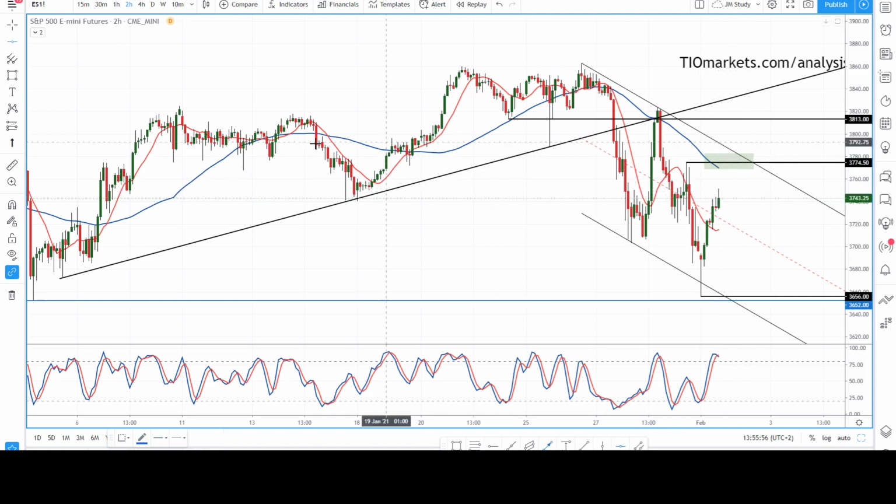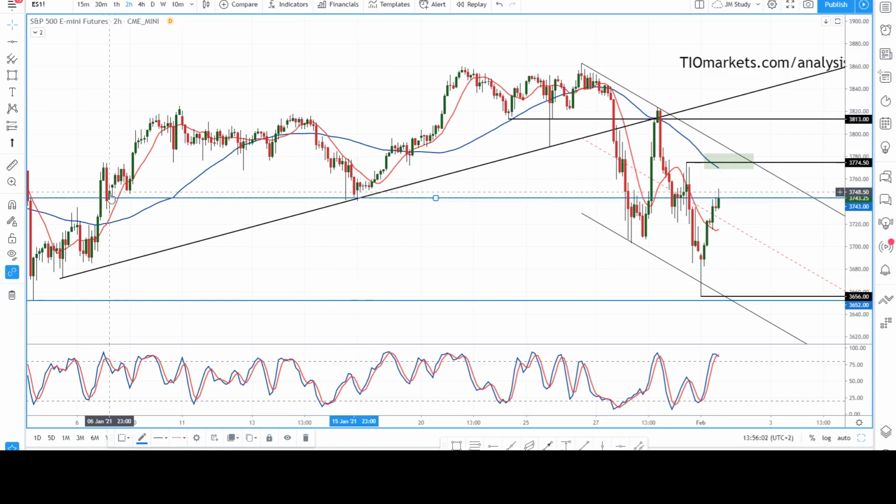If I point you to this level, here was a support. Here the same level was a support. Here it went through, but then there was a little bit of resistance, and then the market is back to the same level again. So again, this might be a somehow psychologically important level.